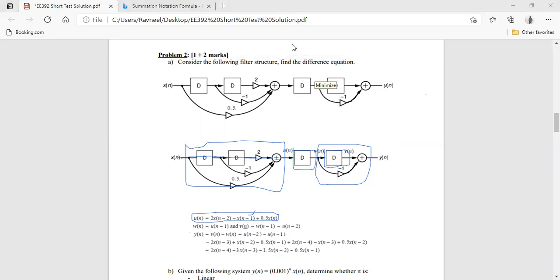I know it's a bit confusing, but the theory behind this is just to break these blocks into separate blocks and rewrite them. You write it down in different signals, and then based on that, you keep substituting. Is that fine?